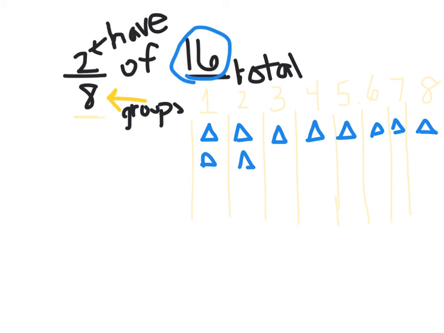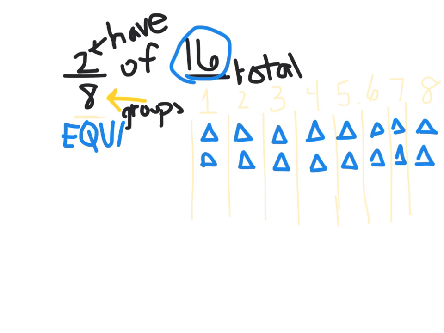Keep going. 9, 10, 11, 12, 13, 14, 15, 16. Notice how when I put 1 in each group first, I'm able to easily make equal groups. So the big thing is to make sure those groups are equal. We want equal groups. It's a big deal.